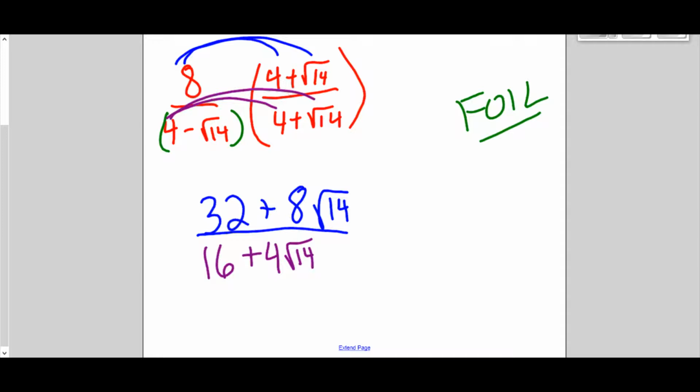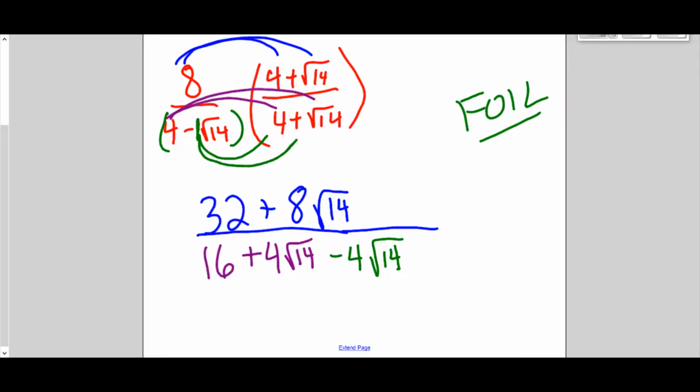And then the inside, so now I'm going to do negative square root of 14 times 4. This is like saying -1. So -1 times 4 is -4 square root of 14. That 4 was on the outside, and so was the negative, so I kept them both outside when I multiplied through.